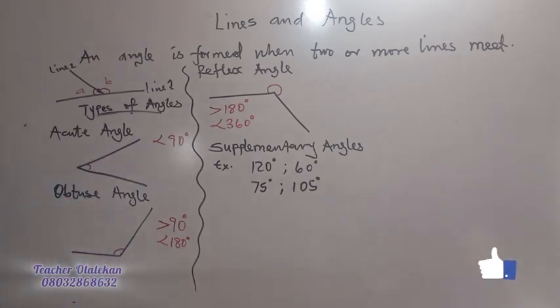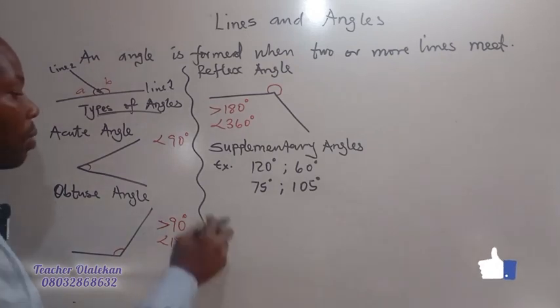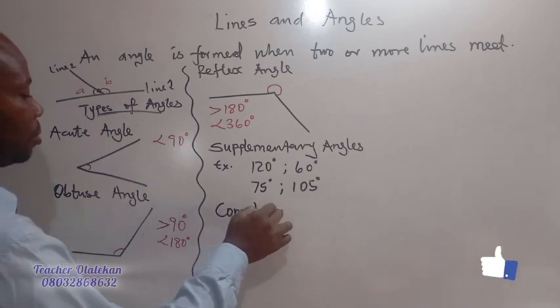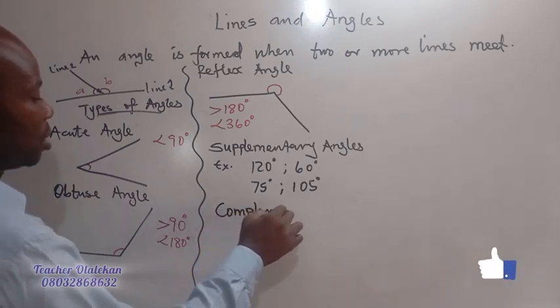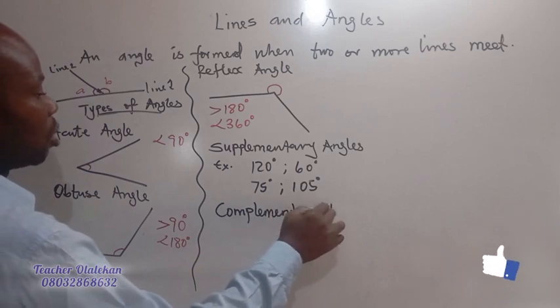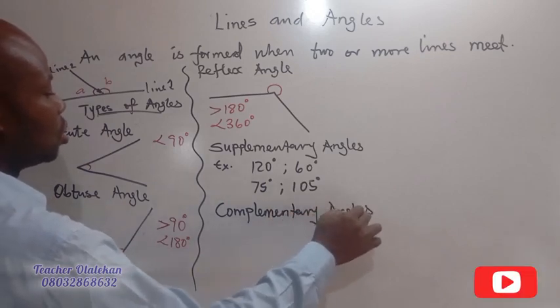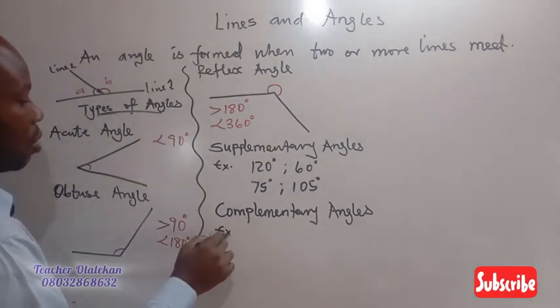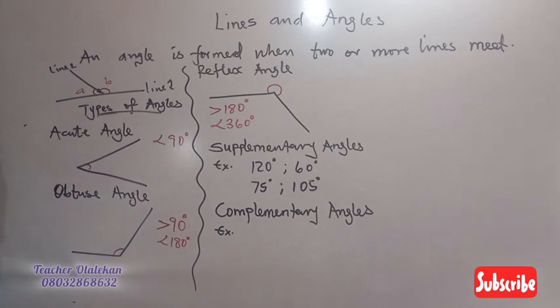Do you understand now? So we have another angle called complementary angles. These are angles that add up to 90 degrees. They are a pair of angles that add up to 90 degrees.